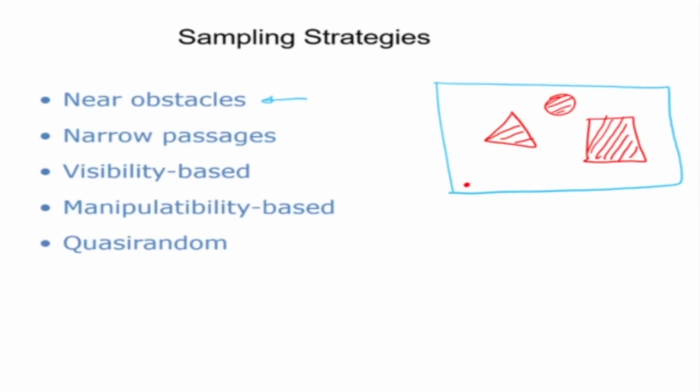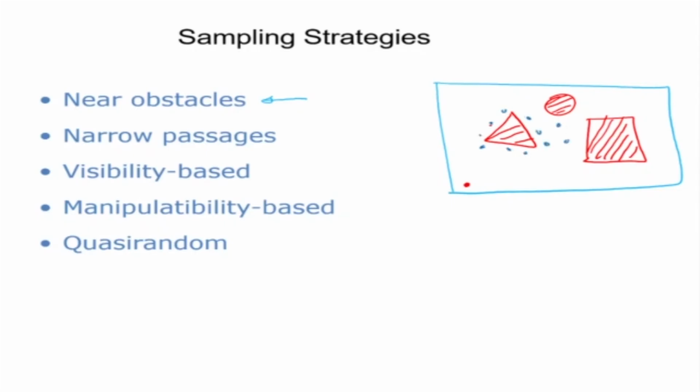So there is no point in sampling very closely here because this is all free space. So what is the point in sampling there? A good idea would be to sample near the obstacles because you want to avoid the obstacles. So I'm going to sample near the obstacles and not in the free space. So that is going to enhance my search. So this is near obstacles.